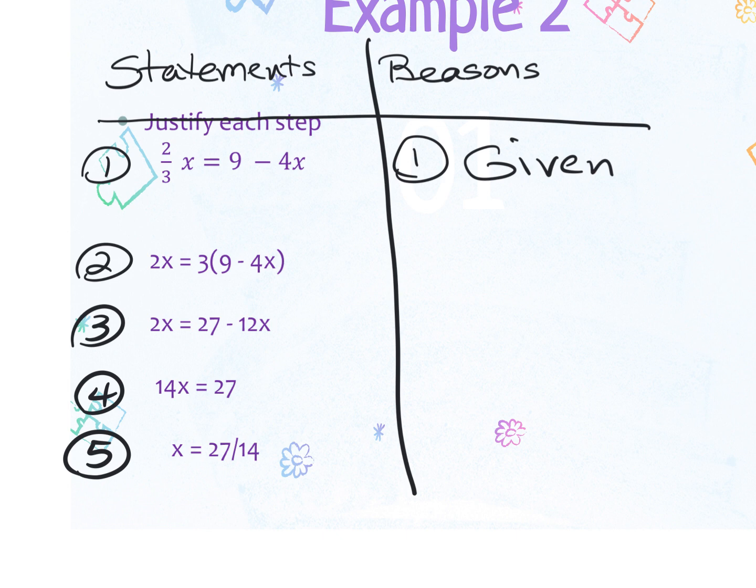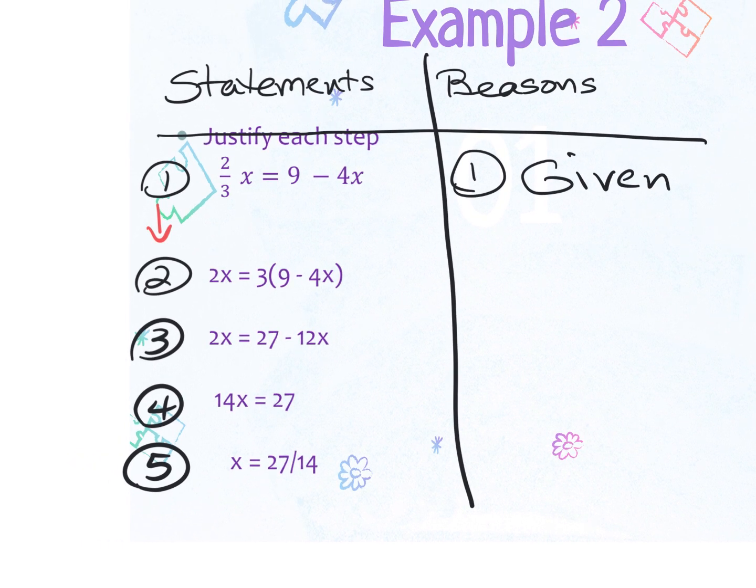Now we have to describe what they did when they went from step 1 to step 2. What did they do to 1 to make it look like 2? And notice what they did here was they multiplied both sides by 3 to get it to look like the next statement. Now, you don't have to show this red.